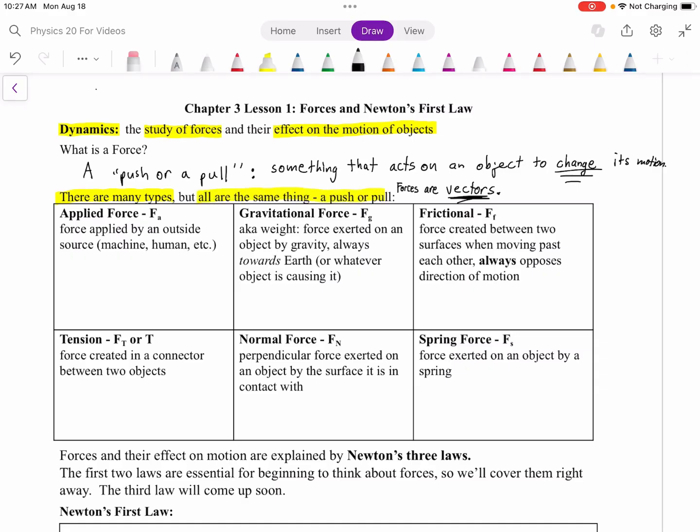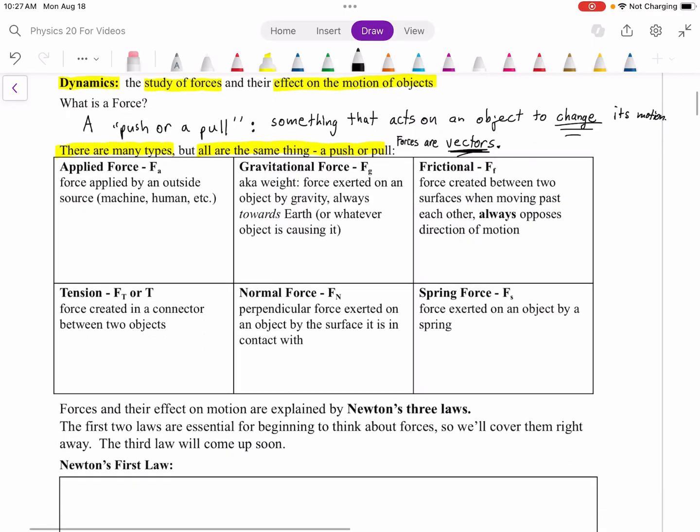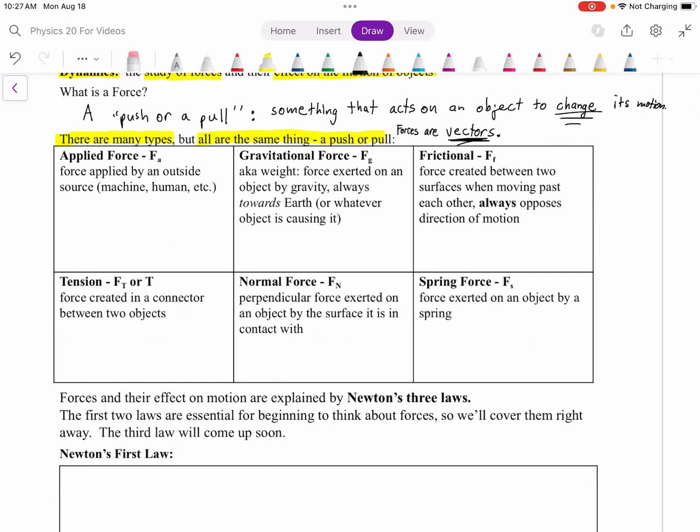So just to kind of introduce you to a few different types of forces that you're going to encounter in this unit, okay? The first is kind of a general term, an applied force. That's kind of what we were just looking at in that simulation, right? It's just a general term we use to say, yeah, something is actually pushing this object. So a force applied by an outside source, maybe it's a machine, a human, whatever, right?